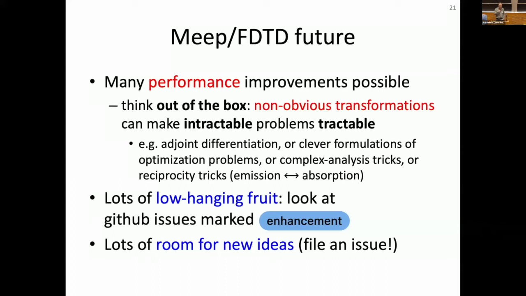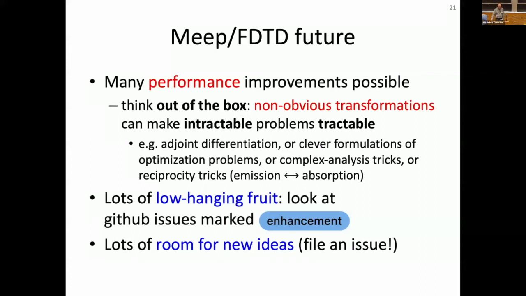There's tricks from reciprocity, for example, to transform emission problems into absorption problems that can save you orders of magnitude in the number of simulations. So definitely it's worth thinking creatively if you have a problem that looks like it's going to require huge supercomputers to solve.